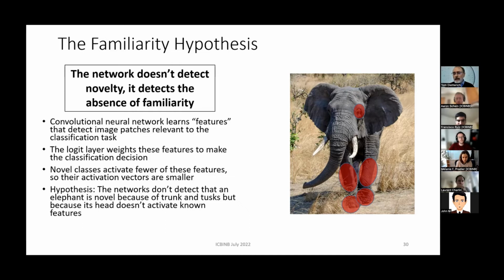It's not saying this elephant is novel because, oh my goodness, it has a trunk and tusks and these big ears, I've never seen anything like that before. Precisely, that's the problem: the network has never seen anything like that before. It does not have feature detectors that can detect those things, so it has no representation for them. That's the hypothesis we are now exploring.